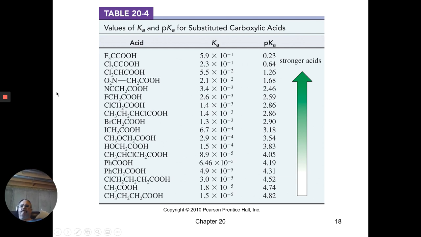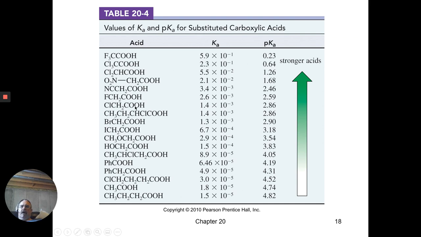Here is a table summarizing the acidities of various carboxylic acids. Trifluoroacetic, fluorine being more electronegative than chlorine, has a greater effect. The nitro group is strongly electron withdrawing, so nitroacetic acid. The nitro group significantly increases the acidity, as does a cyano group.